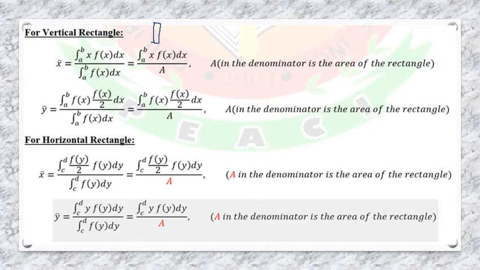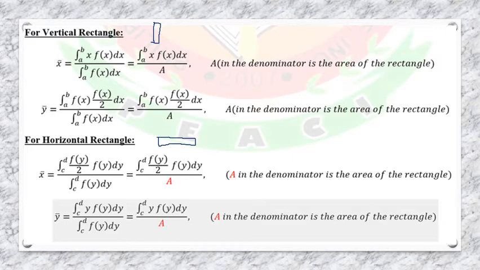The same with y bar class, we have the integral of f of x, ito yung given natin na function, f of x over 2, divide lang natin sa 2 yung f of x natin, dx, all over the area, where A is the area of the rectangle. For vertical rectangle yung formulas na ito. For horizontal rectangle naman, if horizontal yung i-construct natin class na rectangle, ito din yung corresponding formula.